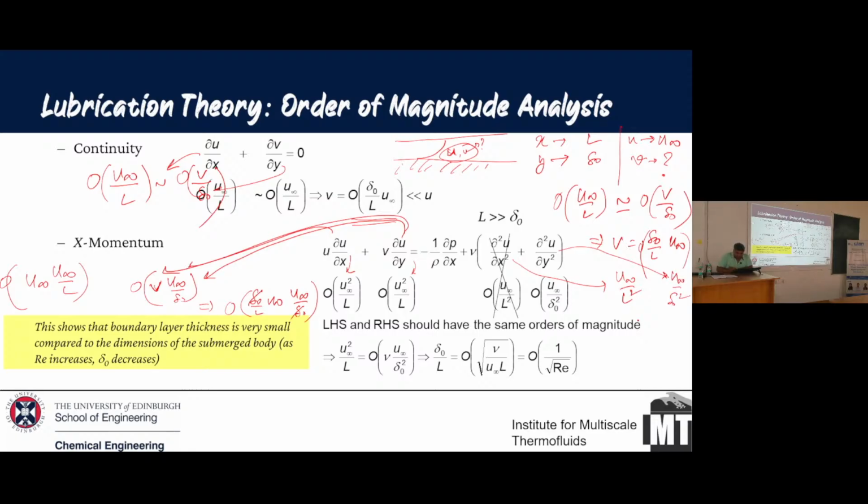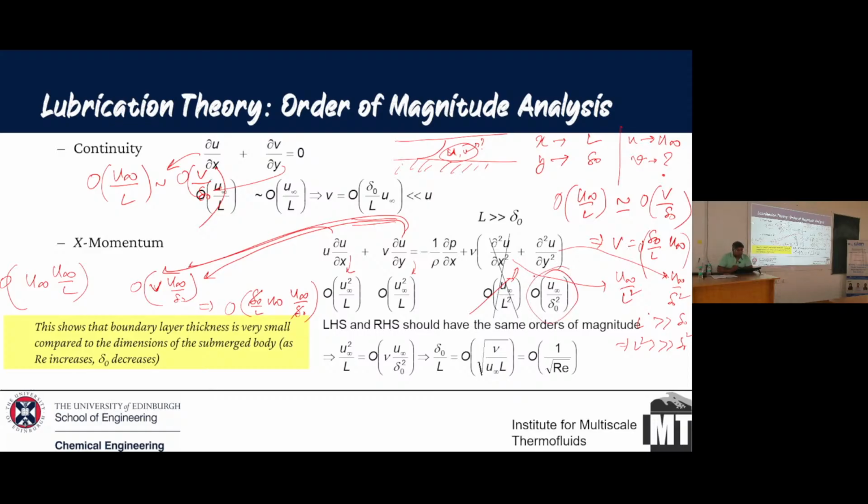L is much larger than delta naught, so L squared is much larger than delta naught squared. So u infinity by L squared is approximately 0. L is a big quantity, L squared is far bigger, and 1 over L squared is far smaller. On the other hand, delta naught squared is terribly small, so 1 over delta naught squared is huge. So this term will remain.